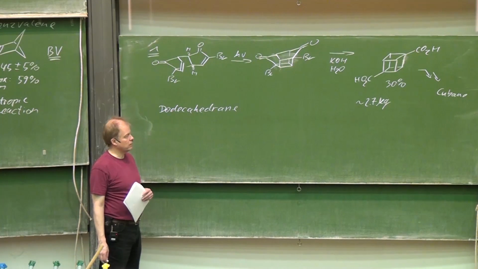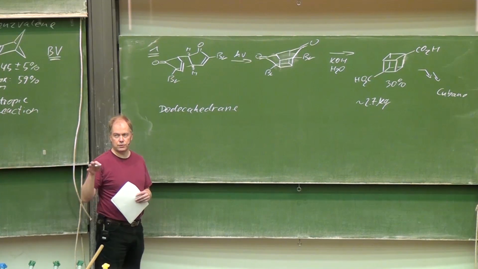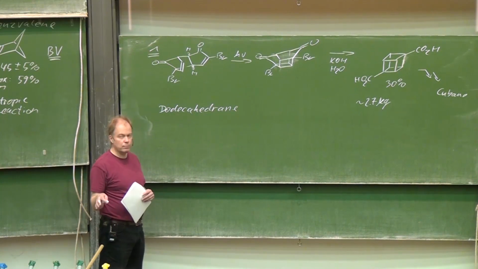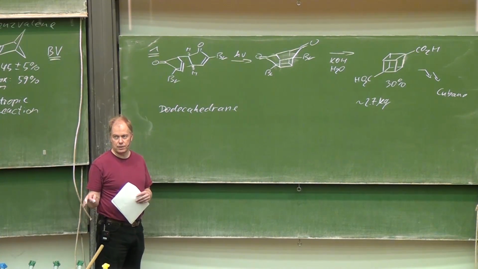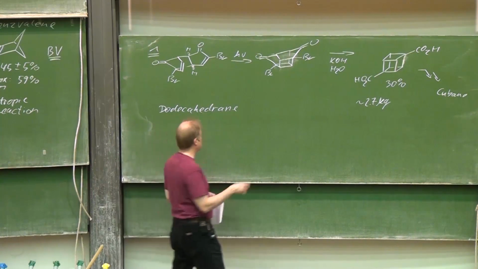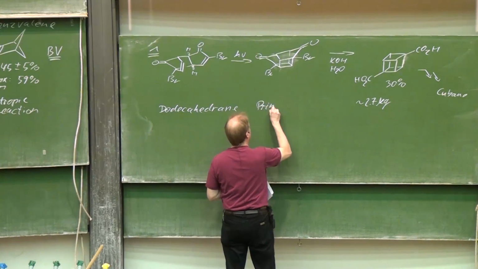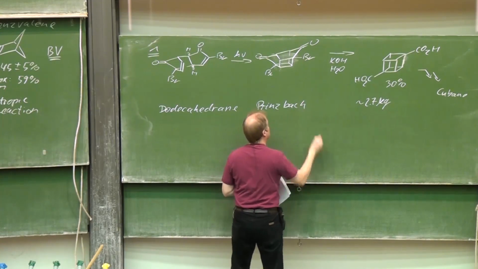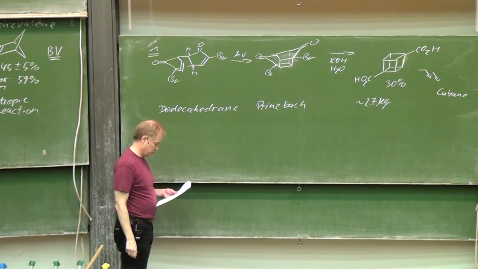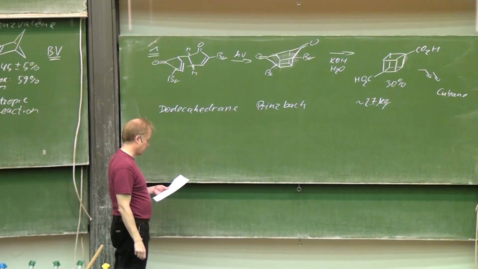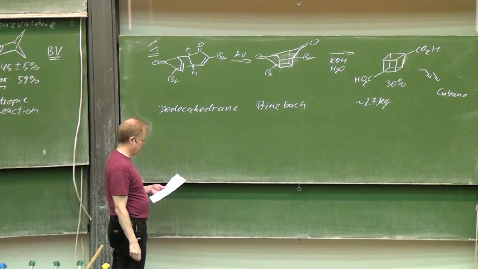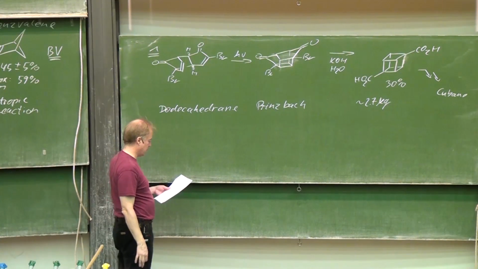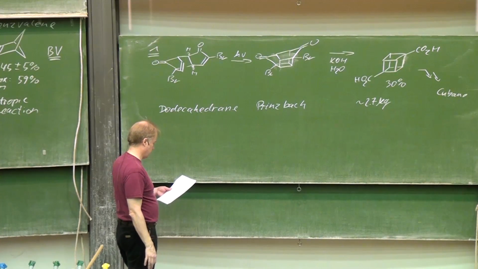And this is a somewhat tedious step-by-step approach. On the other hand, more elegant is the synthesis by Prinzbach from Freiburg University. So first of all, the basic idea of his synthesis.